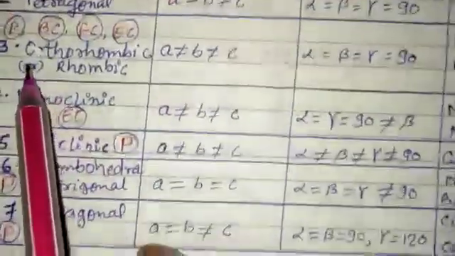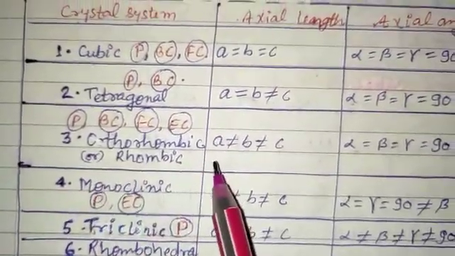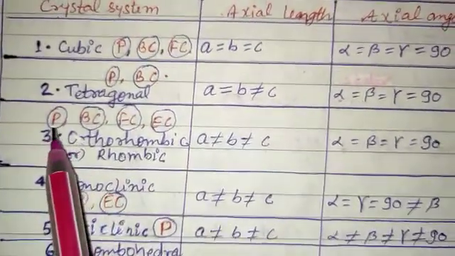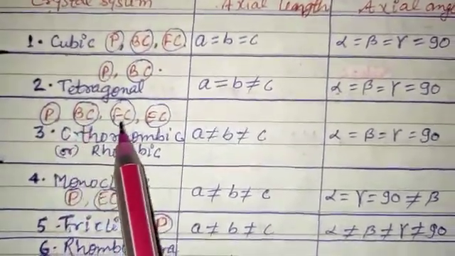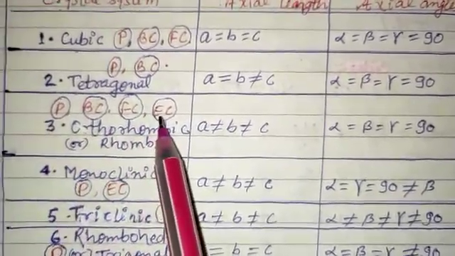And the third is the orthorhombic crystal system. In this, primitive, body centered, face centered and end centered unit cells are possible.